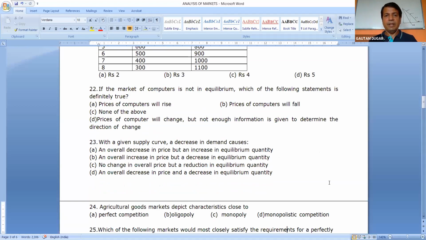22. If the market of computers is not in equilibrium, which of the following statements is definitely true?